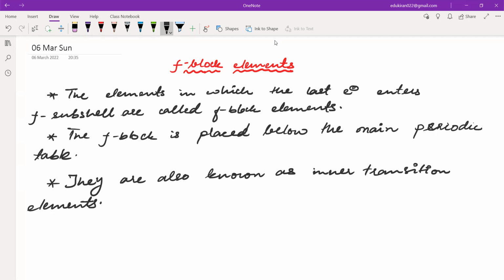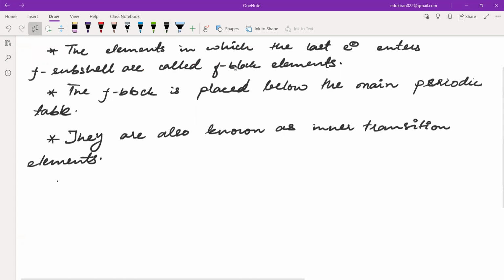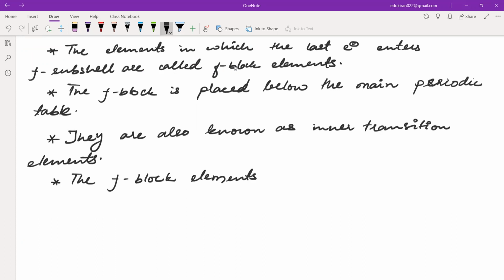Fine. Now, next, these F block elements consist of two series.